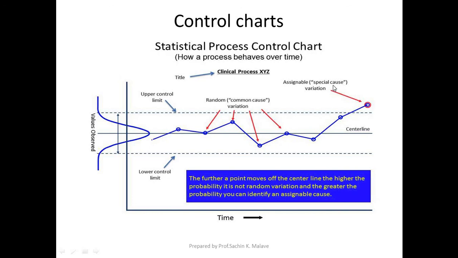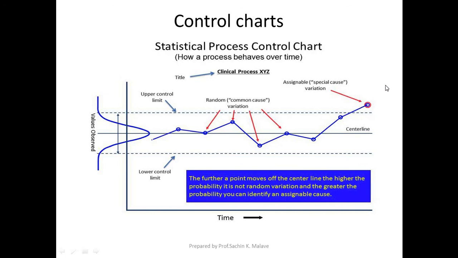Something wrong has happened which should not happen. So you have to find out that reason and take corrective action here. So that is the control chart. That's why detection and elimination of assignable causes leads to substantial improvement in the quality of the products.